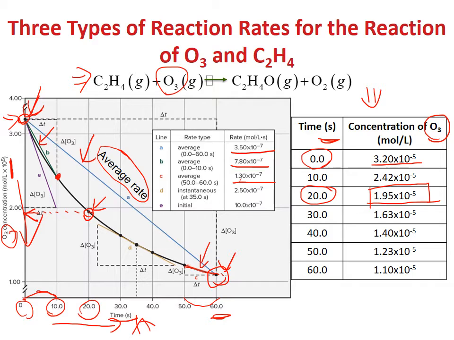How do we calculate the rate at one point, or at a certain time? For example, at 35 seconds, what is the reaction rate at this point? This is called instantaneous rate. To calculate the instantaneous rate, we can choose a range around this point and calculate the average rate, but then we decrease the range.